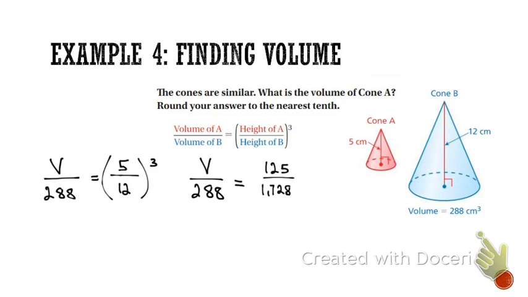Okay, so do my cross products again. And I get 1728 V equals 125 times 288. Hopefully you have your calculators handy. That equals 36,000.